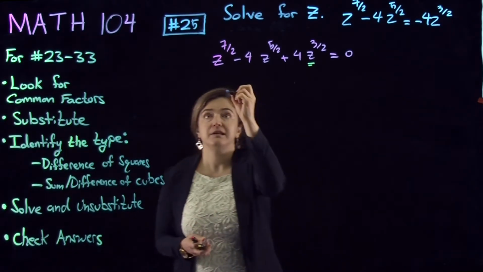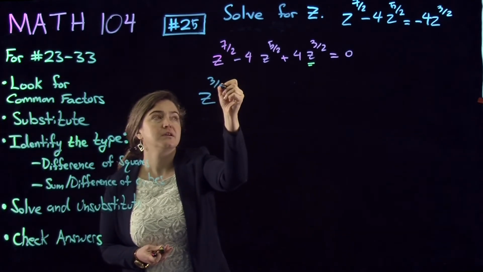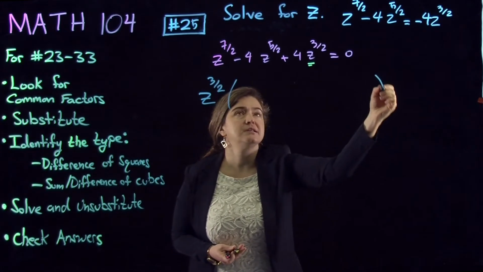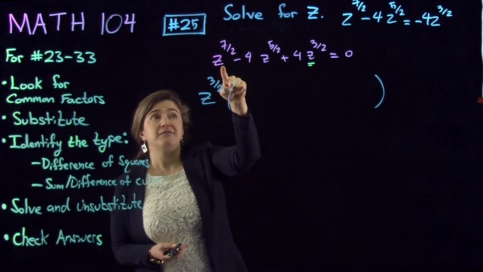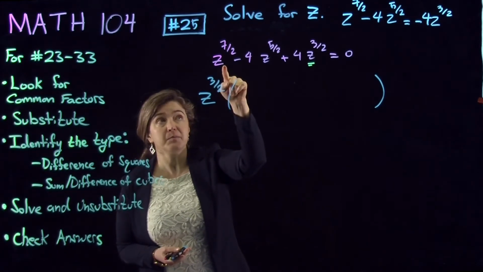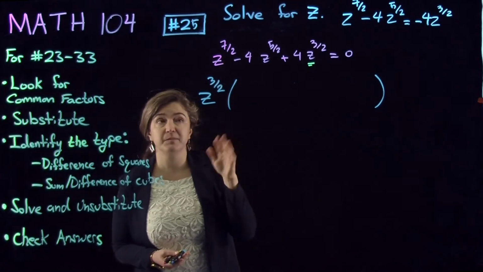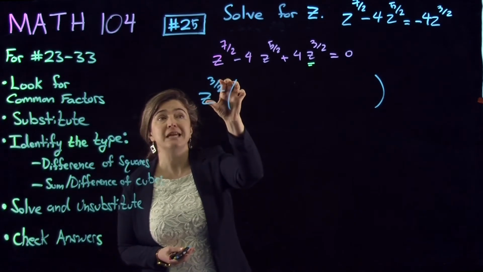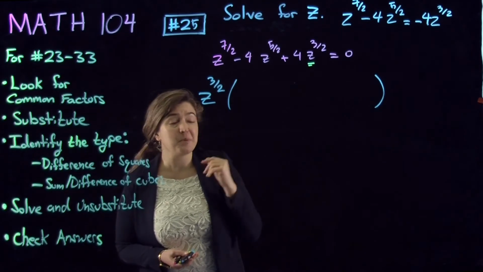Now, let's factor z to power 3 half. And what is left? If I factor z to power 3 half out of z to power 7 half, what does it mean? It means that we're dividing z to power 7 half by z to power 3 half. That means you're trying to take out 3 half out of the 7 half, the power.